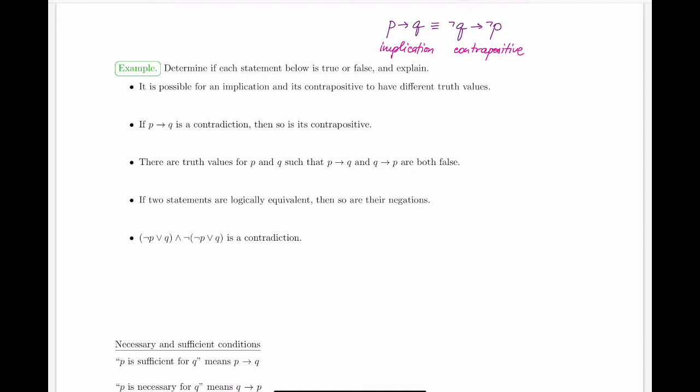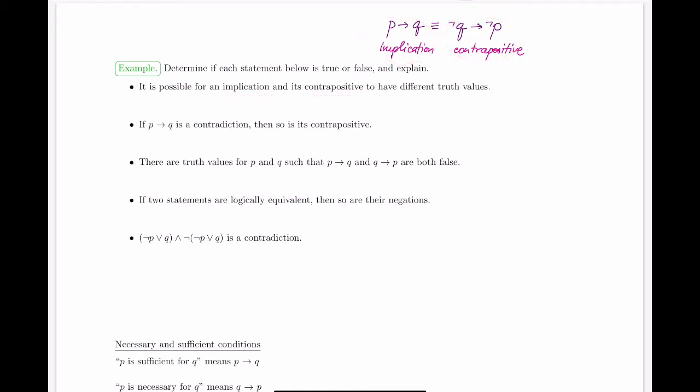So in this question, we are asked to determine whether each statement is true or false. It is possible for an implication and its contrapositive to have different truth values. Think about that for a second. Do you think that that statement is true, or do you think that that is false? I have an implication, and I have the contrapositive.